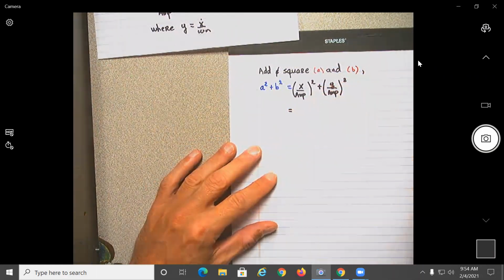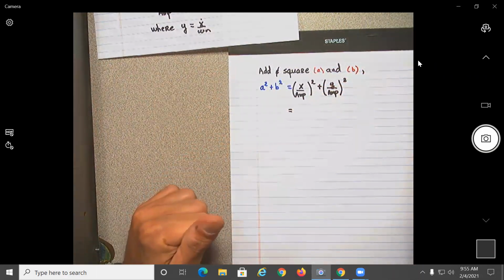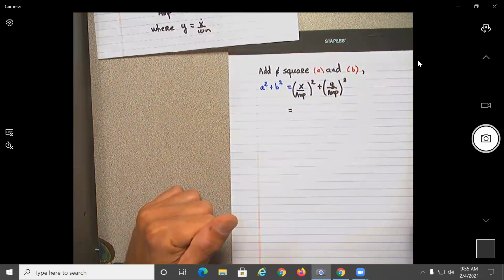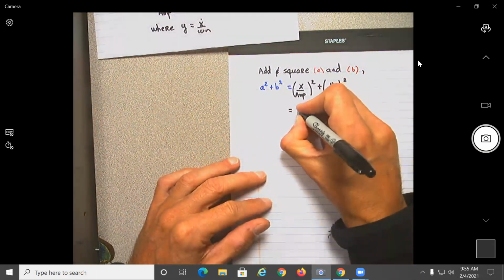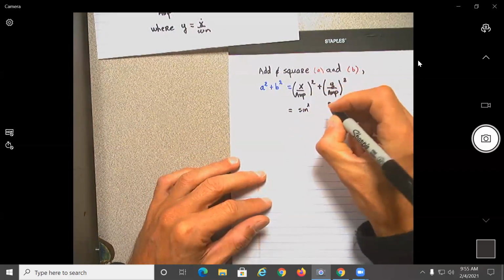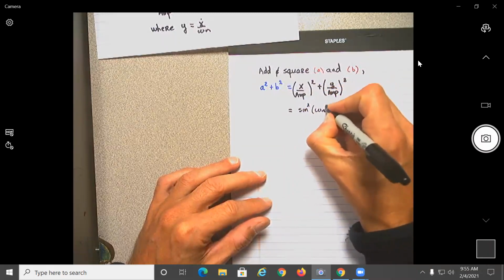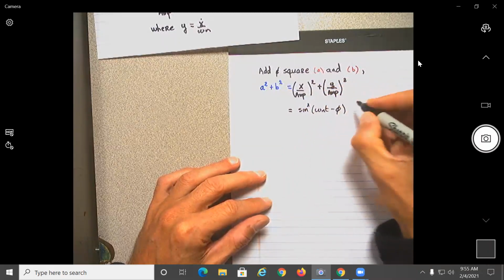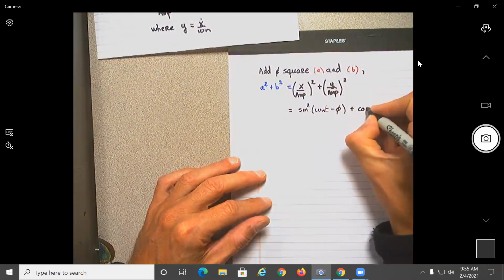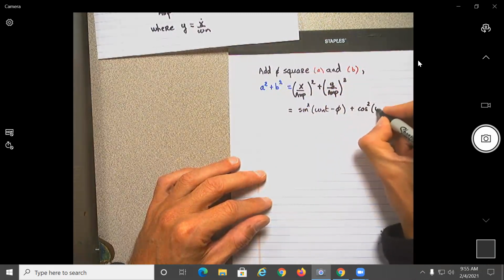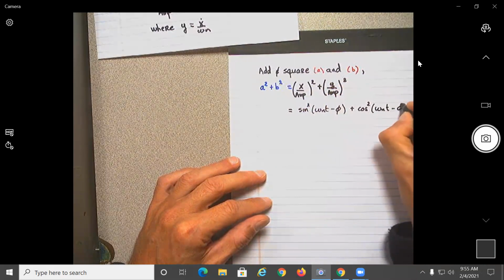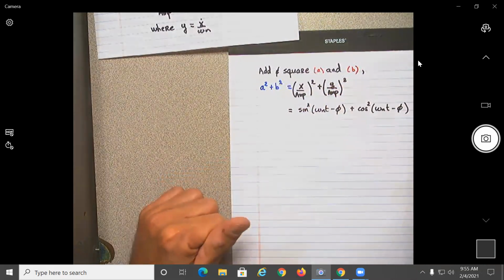This would just be equal to sine squared omega n t minus phi plus cosine squared omega n t minus phi.